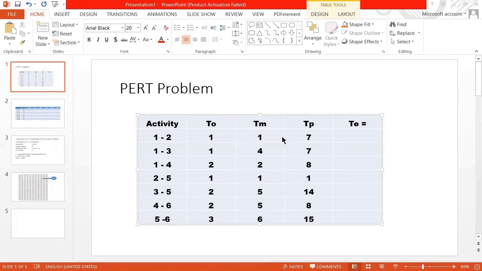Now, using these 3 time estimates, we will calculate the expected time of each activity.